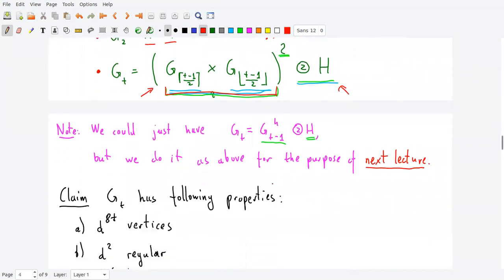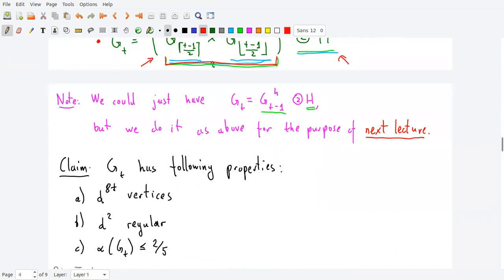So let's now check that this construction has all the properties. This construction is first of all well defined, and then it has the property that we want: that the graph GT has exactly d to the power 8t vertices, that it is d squared regular, and most importantly, that alpha of GT is bounded by 2 over 5.